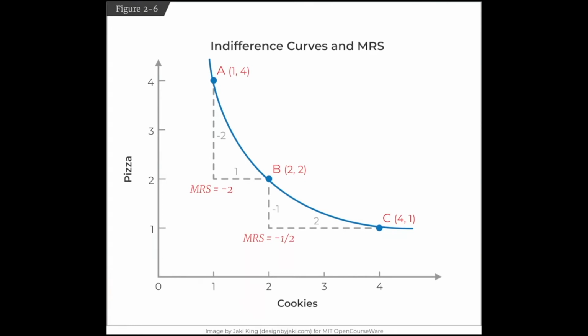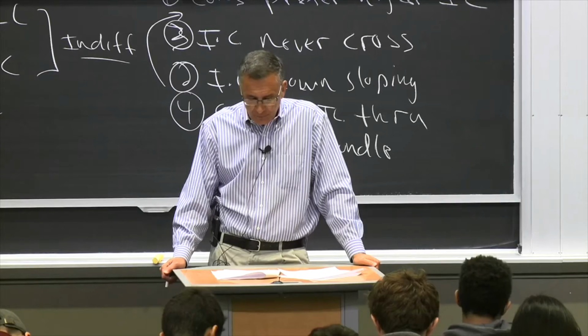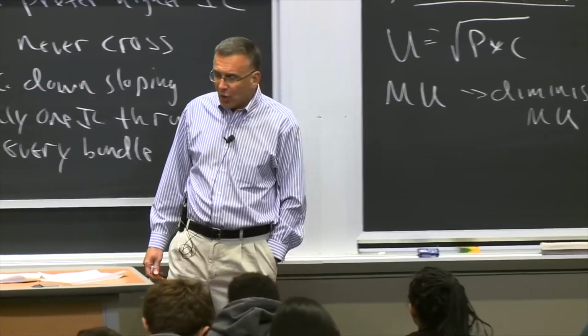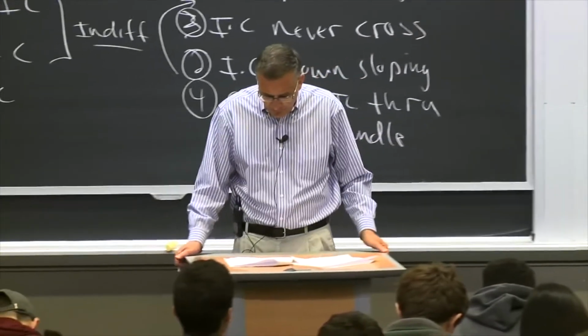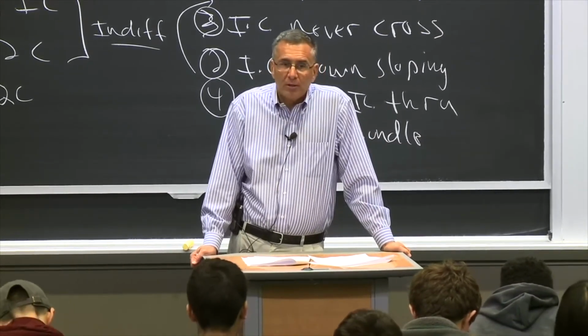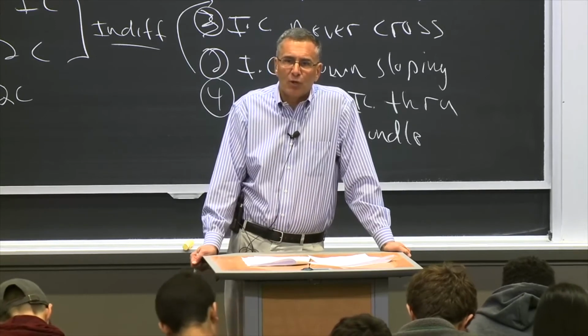As you move from the upper left to the lower right on that indifference map, figure 2.6, you're more willing to give up the good on the x-axis to get the good on the y-axis. And what this implies is that indifference curves are convex to the origin.